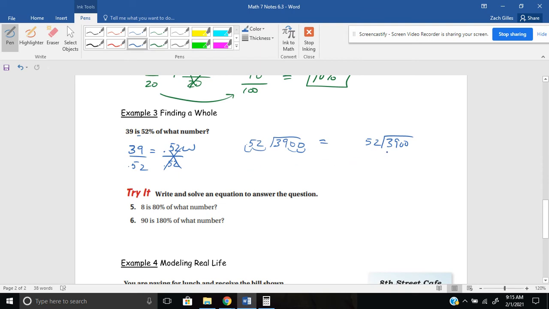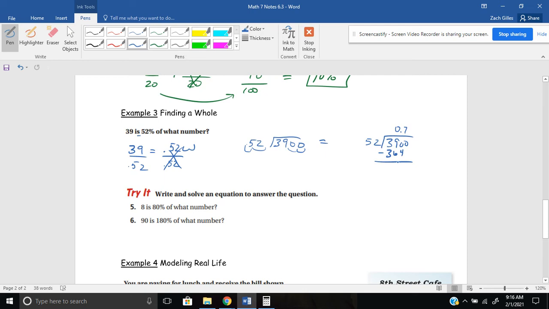52 goes into 39, 0 times, bring up my decimal. 52 goes into 390. Let's see how many times. I think 7. And 7 times 52 would give me 364.